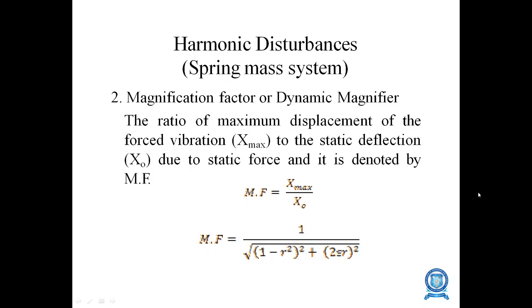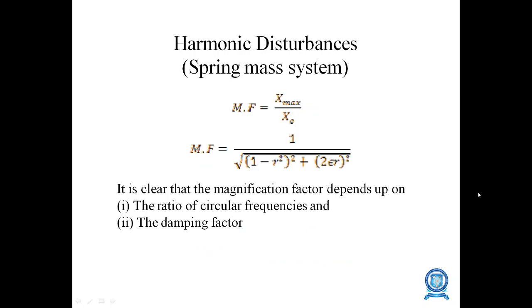Second is the magnification factor or dynamic magnifier. The ratio of maximum displacement of the forced vibration, h max, to the static deflection, h naught, due to the static force is known as the magnification factor. MF is equal to h max by h naught, or MF is equal to 1 divided by root of (1 minus r square) the whole square plus (2 epsilon r) the whole square.